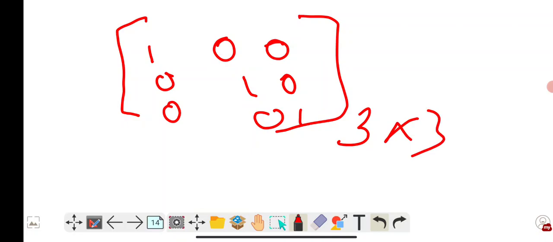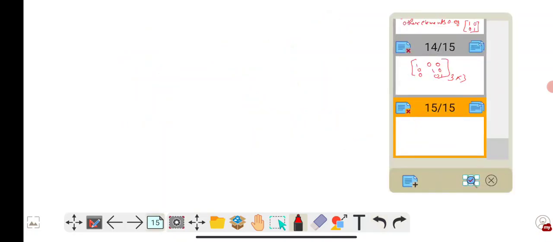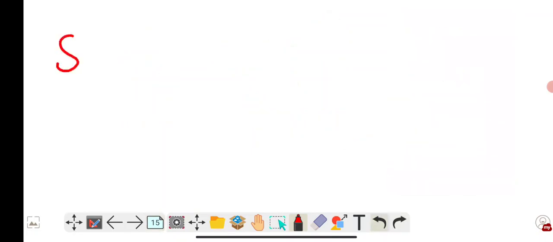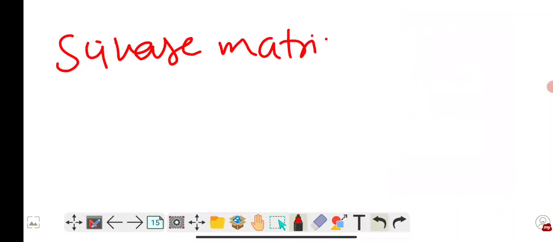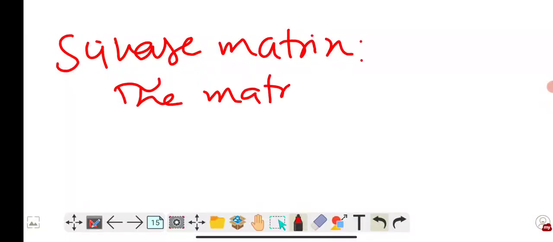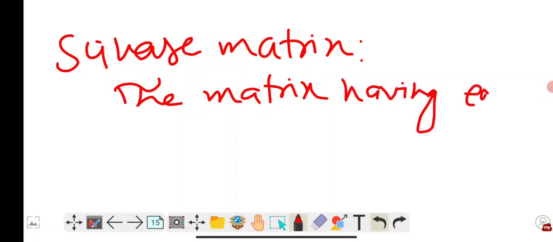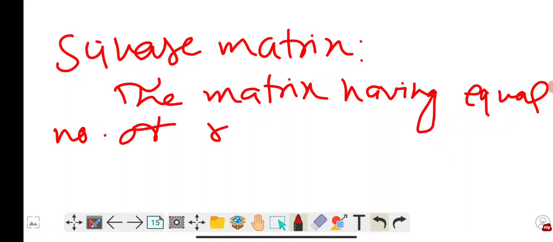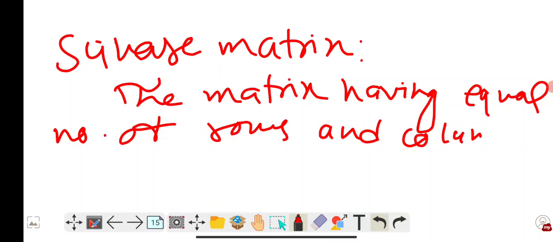Now next is square matrix. Square matrix, the matrix having an equal number of rows and columns.